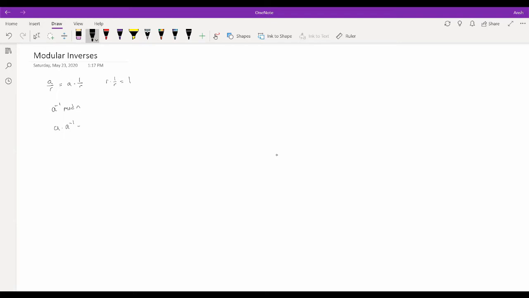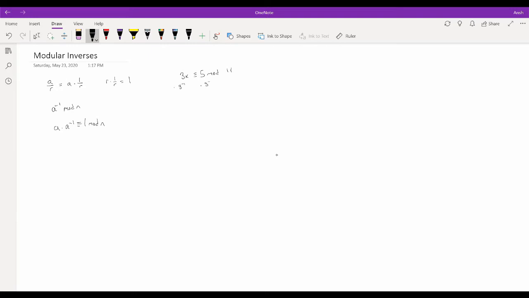To show how to use this, let's say we want to solve 3x equals 5 mod 11. In normal arithmetic, we would solve this by dividing both sides by 3. So in modular terms, we would multiply both sides by the inverse of 3.